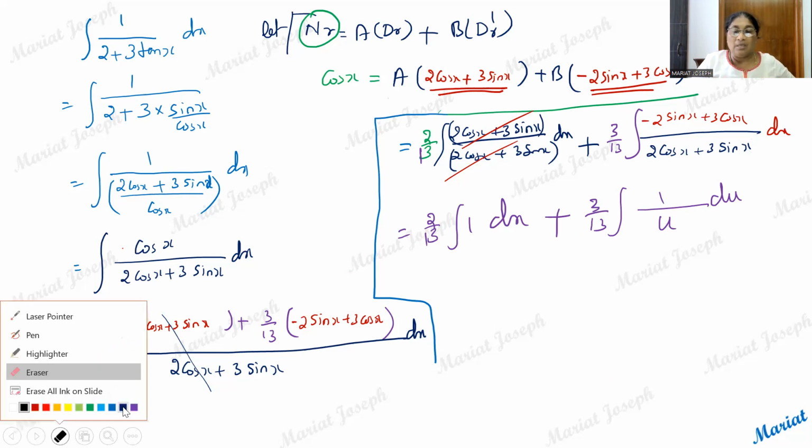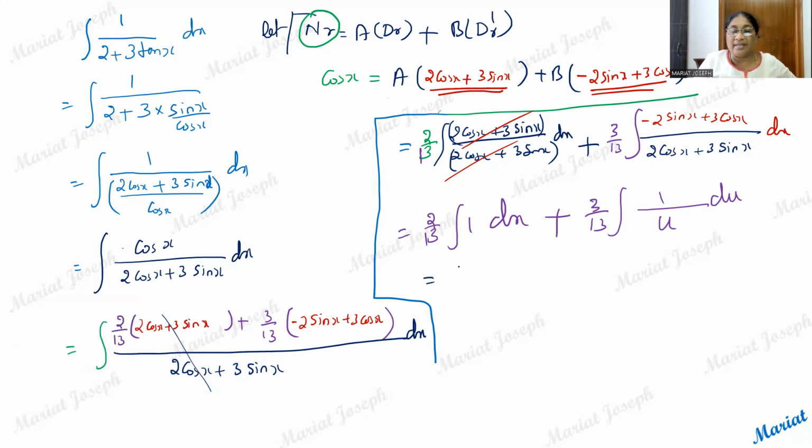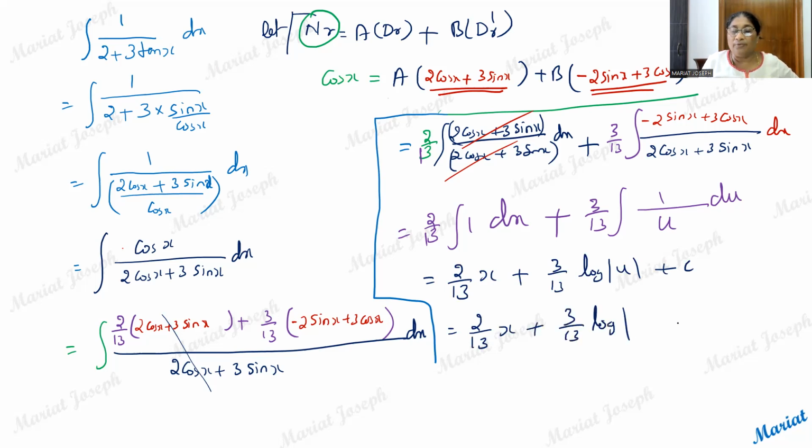Therefore, coming to the last step, do the integration. 2 by 13 integral of 1 is x plus 3 by 13 log of u plus c. That is 2 by 13 x plus 3 by 13 log of, what was the u? 2 cos x plus 3 sin x plus c. That's the answer.